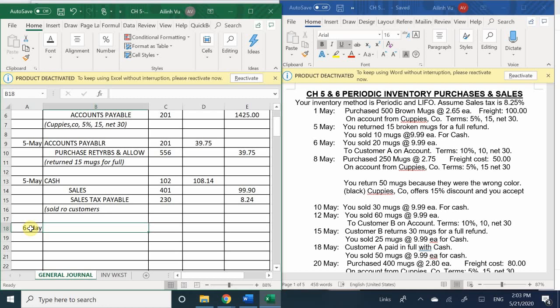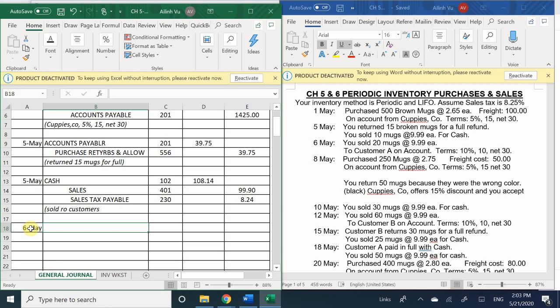All right, let's keep reading. Is there a specific person that we sold this to? Yes, Customer A. All right, and what's the specific word? How did he pay? On account, so accounts receivable.